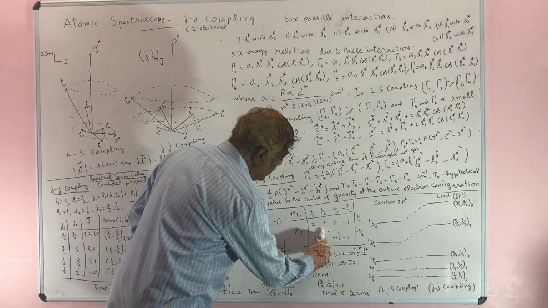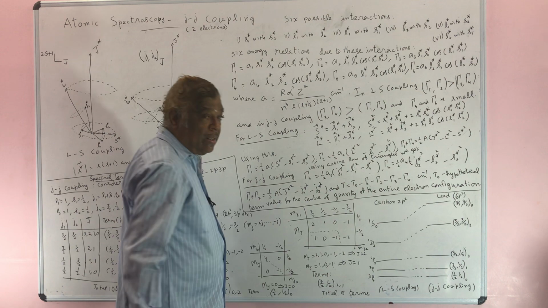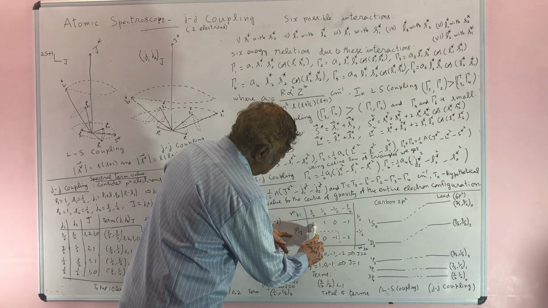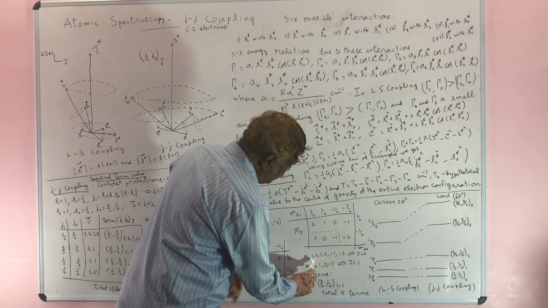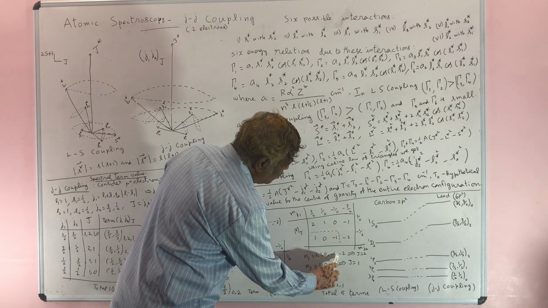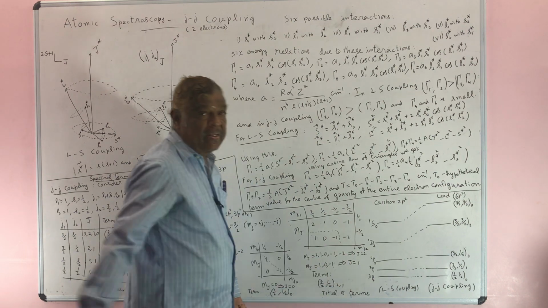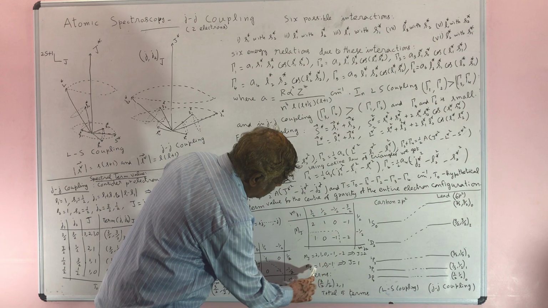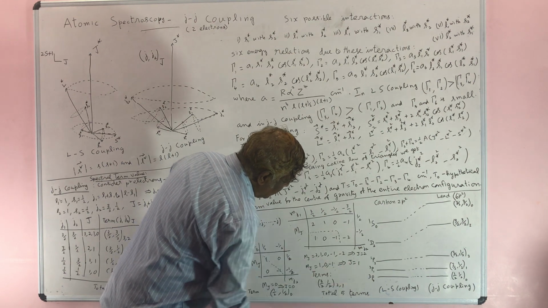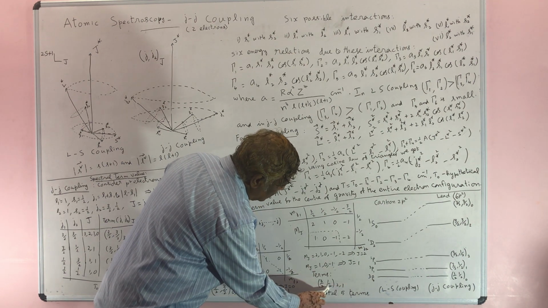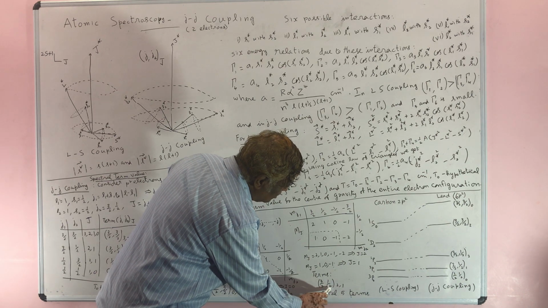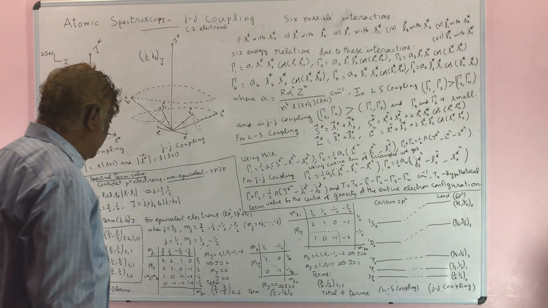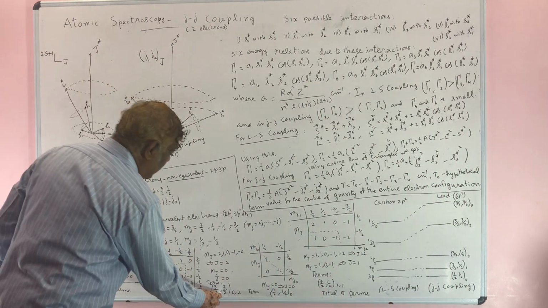So here you put a dotted line, an inverted L, and MJ varies from plus 2 to minus 2. So MJ will be 2, 1, 0, minus 1, minus 2, which corresponds to J equal to 2, and MJ 1, 0, minus 1, which corresponds to J equal to 1. So for 3 by 2, half, the term values are J1 equal to 3 by 2, J2 equal to half, with J being 2 and 1.